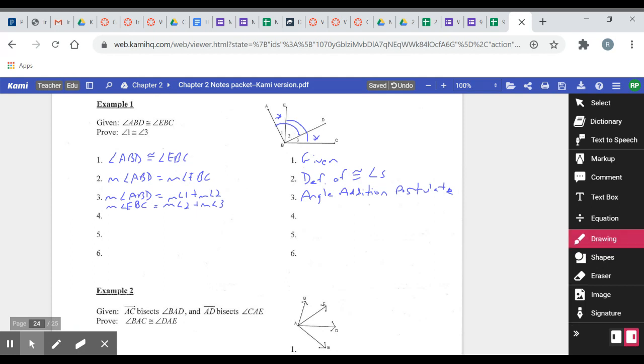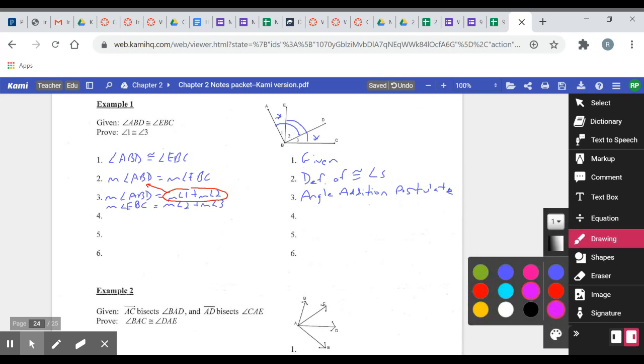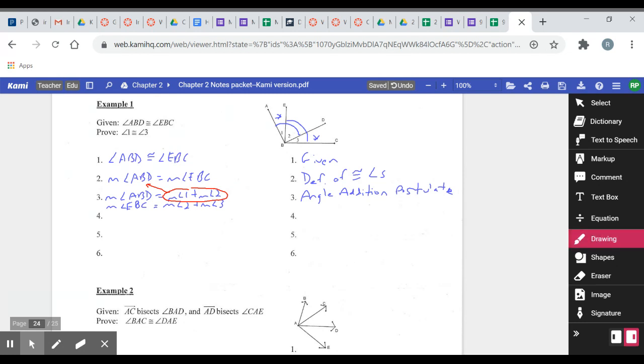If I know that angle ABD is equal to all this stuff, I can put it in for ABD's place. And if I know that this stuff down here is equal to EBC, I can put all that into EBC's place.